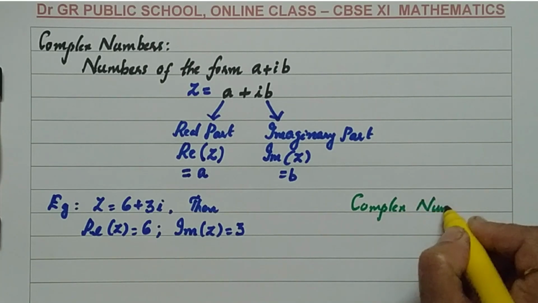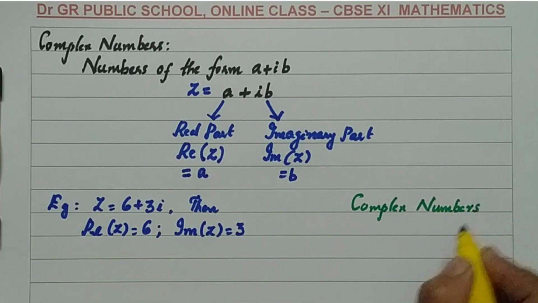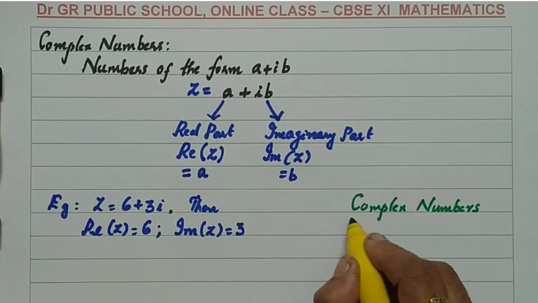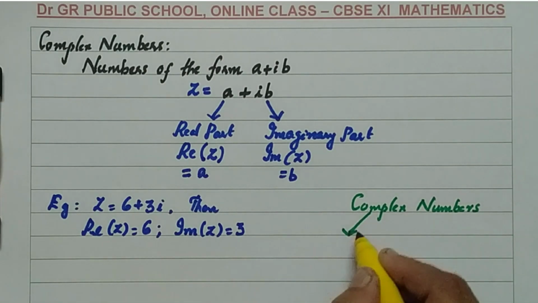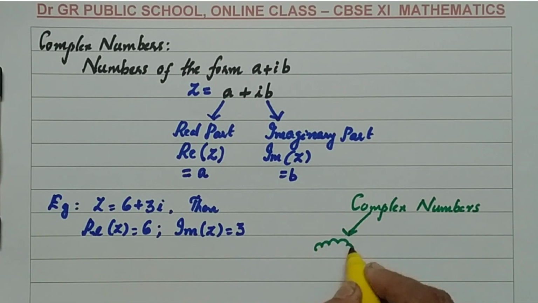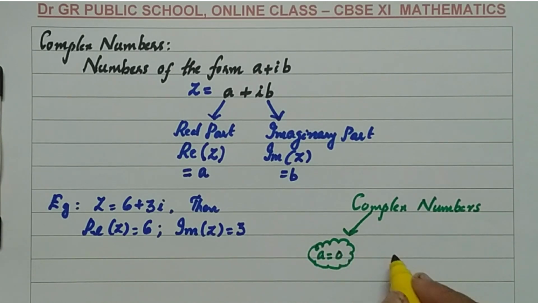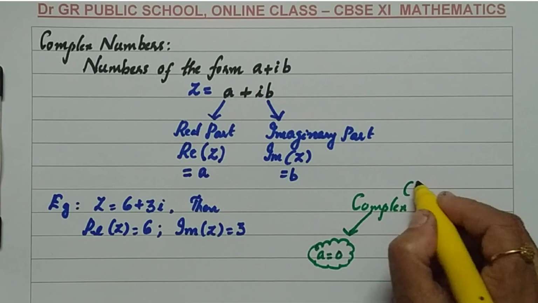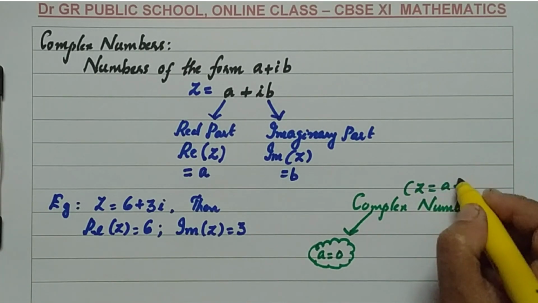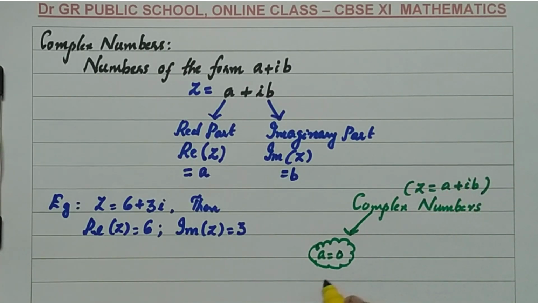Complex numbers can be divided into three types. The first type is when the value of a equals 0. You know that the complex number is usually represented with z equals a plus ib.